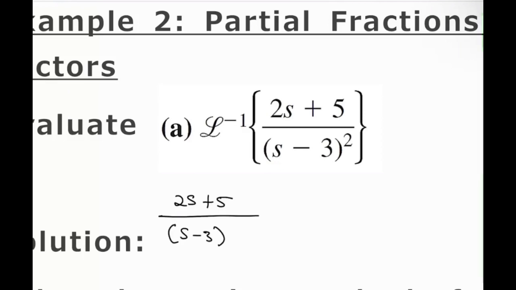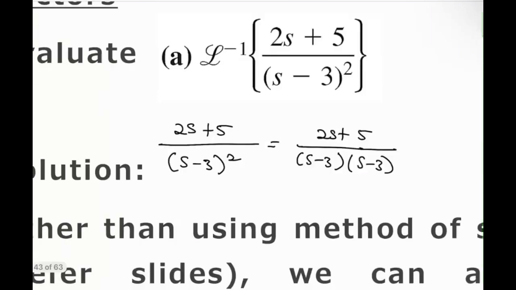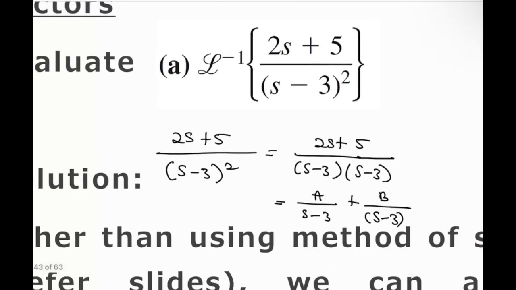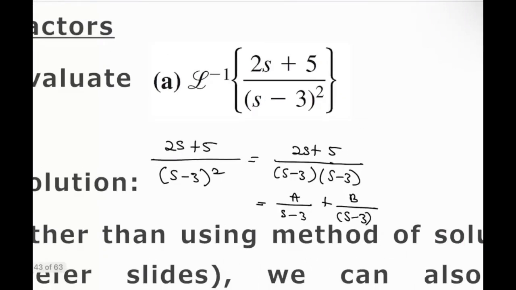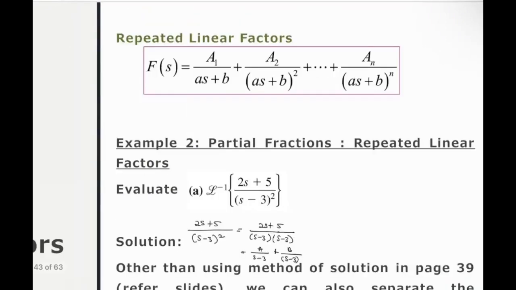You also may write this one as 2s plus 5 over s minus 3 times s minus 3. Then you can break down this fraction: this one will be A, here will be B, over s minus 3, and then you can solve as usual, as we already did just now. But here we will use another method to break down this partial fraction. So we will use this method.